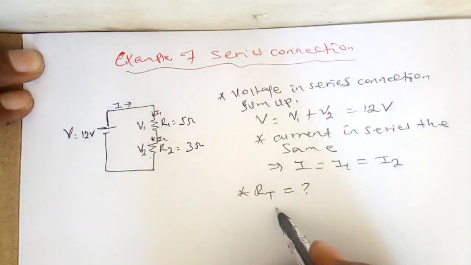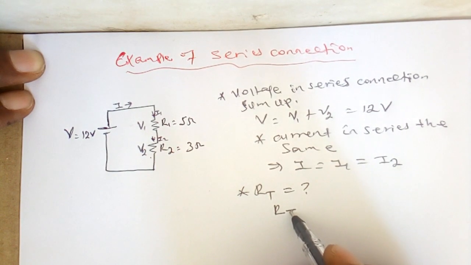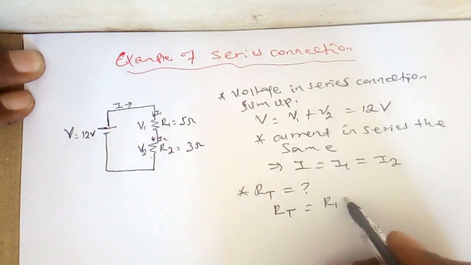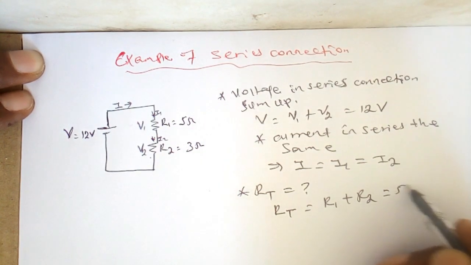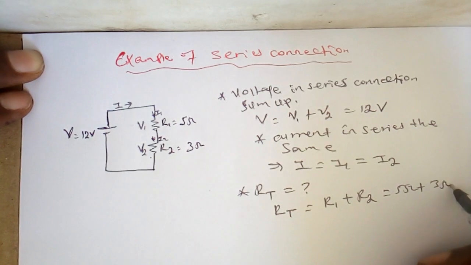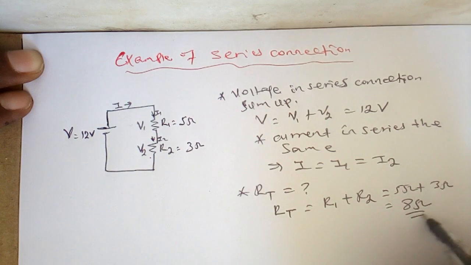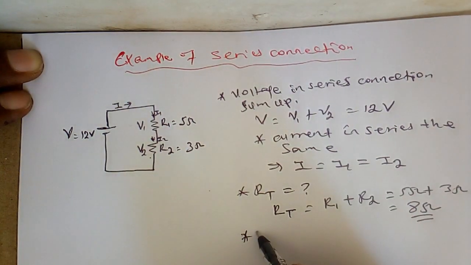And what will be the total resistance? These resistances are loads, so the total resistance is R1 plus R2. R1 is 5 ohm and R2 is 3 ohm, which gives 8 ohm. This is the total resistance.